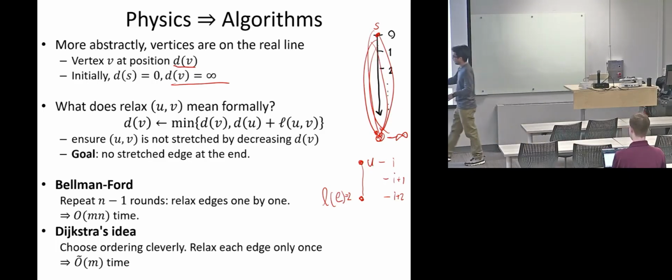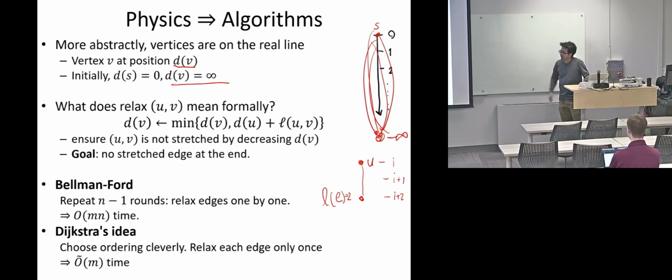And because every edge is relaxed once, the running time is linear. It's basically linear. When I use the tilde here, I hide some log factor, okay? It means maybe there is a log n here, or polylog, log squared or something. I will use this notation. Okay, good. So that's the intuition of Dijkstra.